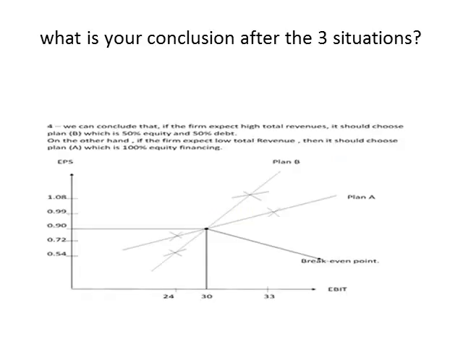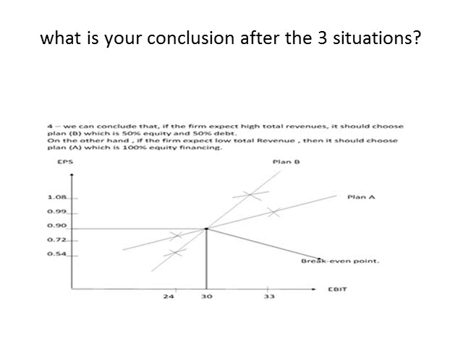Finally, the conclusion after the three situations is that the company should choose Plan B in case that it has high total revenues, and it should choose Plan A if it has low total revenues. In the first situation, when the total revenues was equal to $110,000, it was better to choose Plan B because it gives higher EPS, and Plan B depends 50% on equity and 50% on debt.